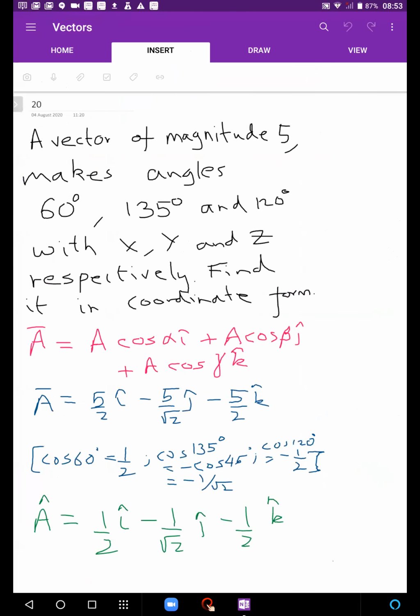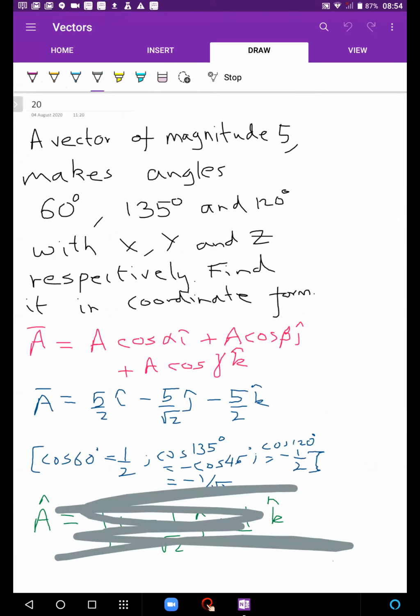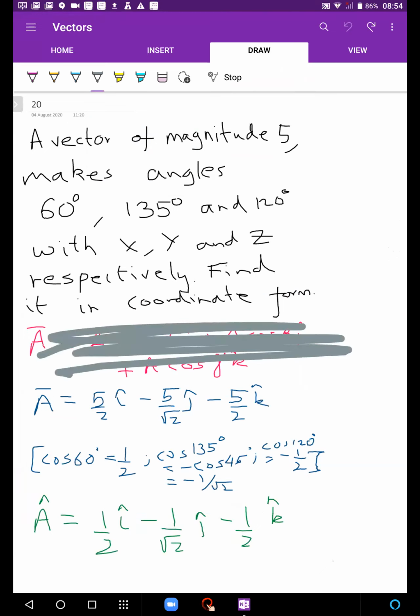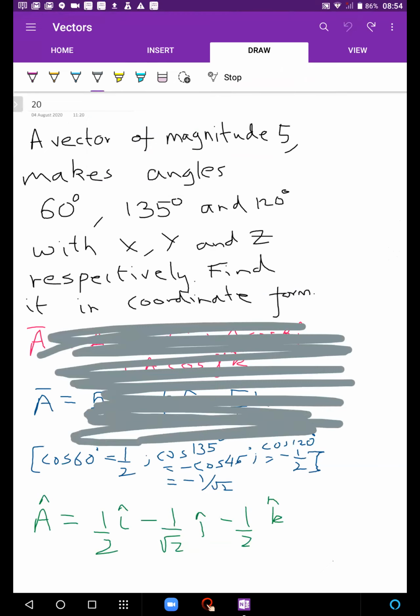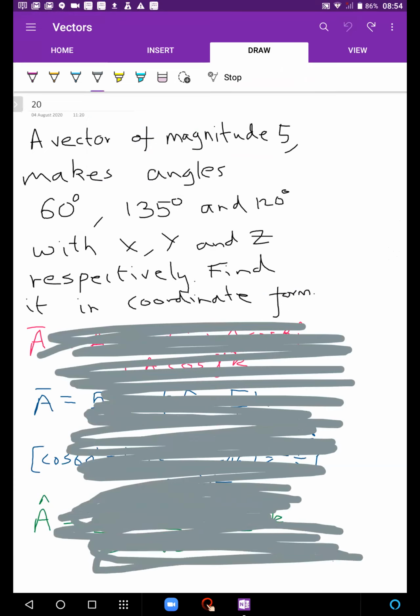Okay, so now I want you to solve this question. So क्या है, a vector of magnitude 5 makes angles 60, 135 and 120 with the x, y and z axis.